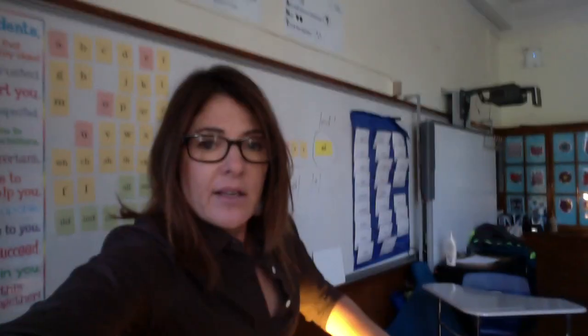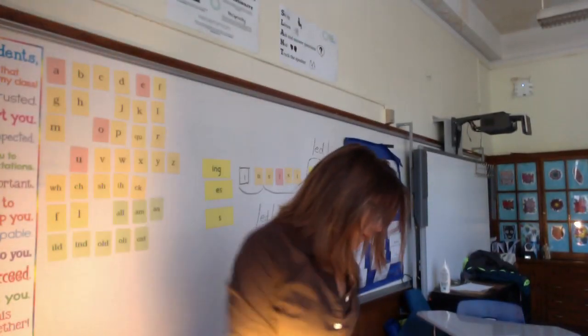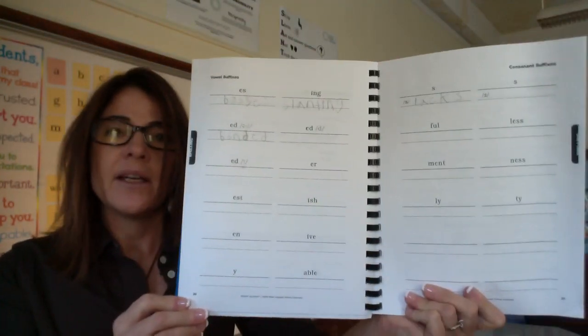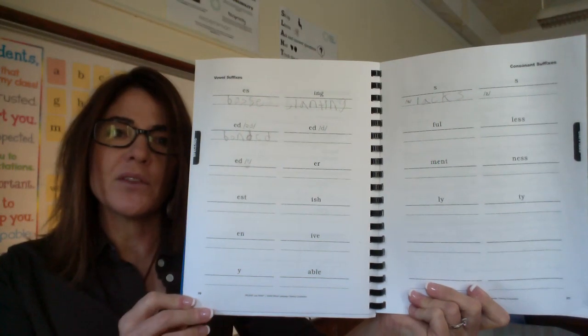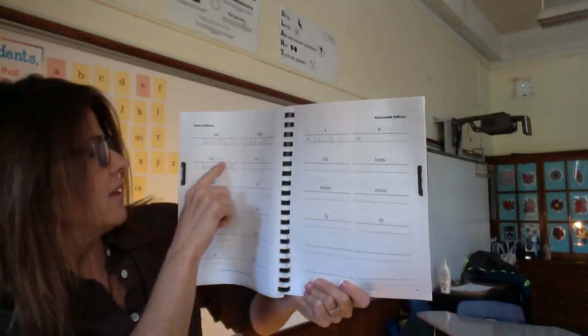Okay, the next thing that you're going to want to do is get your notebook, and you're going to go to page 28 and 29, and you are going to write examples for ES, ING, ED. I'll give it to you for the ED, D, and T sound.